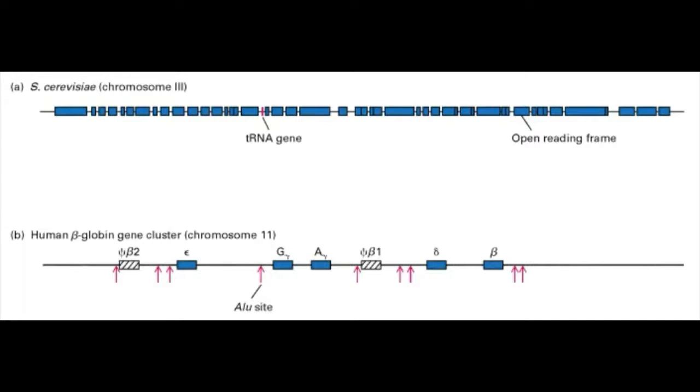Some will be active in some tissues and some will be active in others, and some will be active all of the time, but some will only be active in response to specific signals. And all of that regulation of the gene activity is going to be controlled by mechanisms that involve these sequences in between the coding regions.